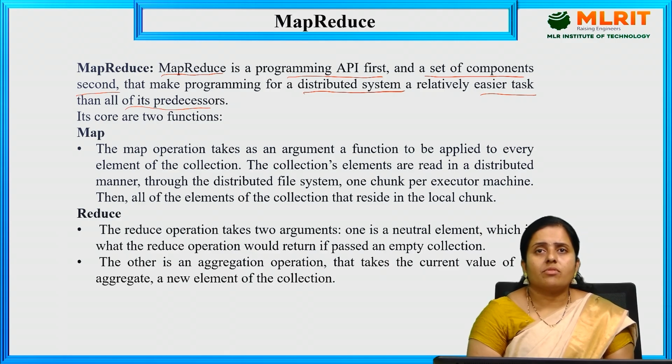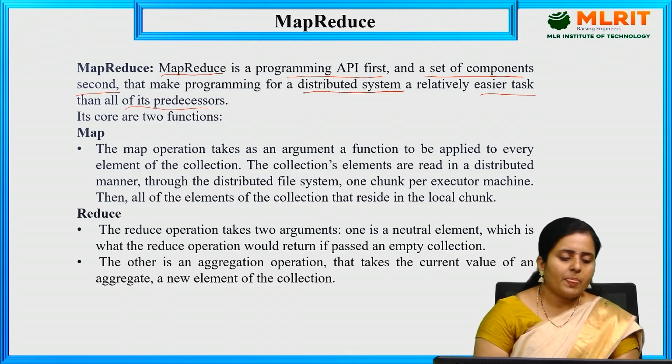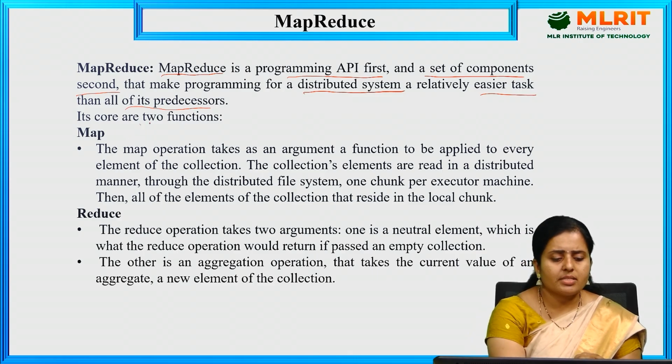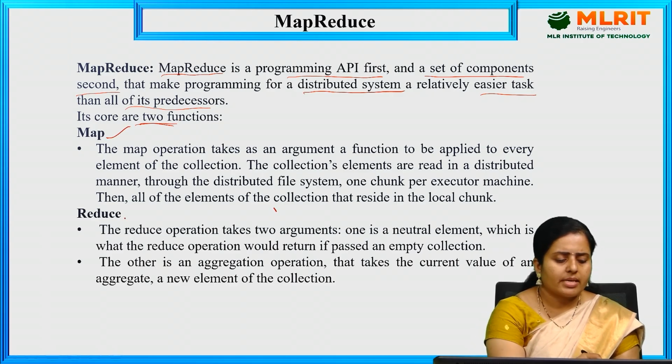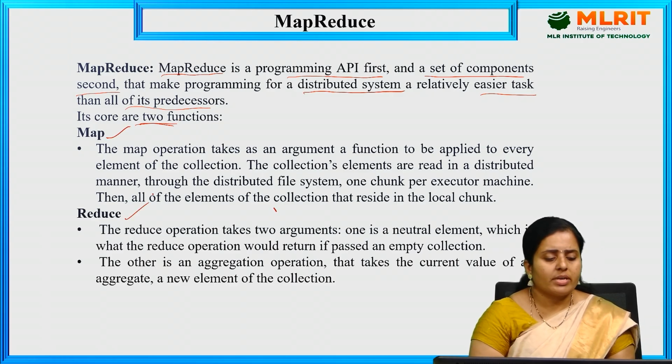It works in a distributed manner, so each task can be divided into multiple parts, and each part is executed as an individual component. The two core components, or two functions, are the first one, map, and the second one, reduce. What is map and what is reduce, I will tell you in a minute.